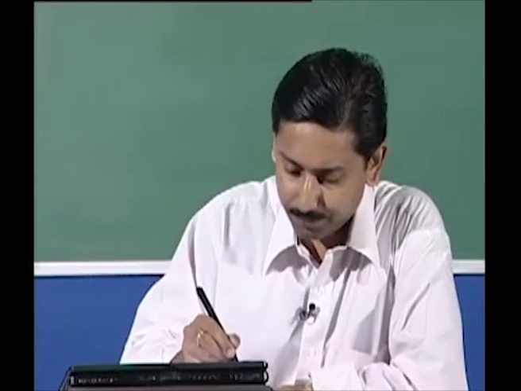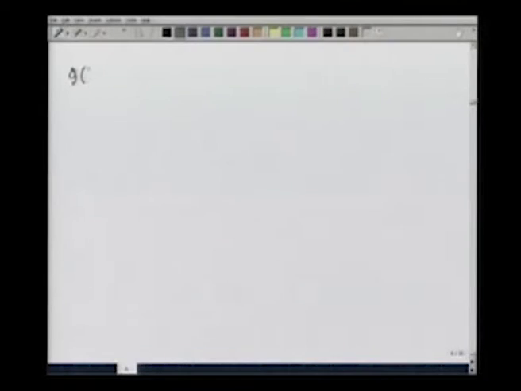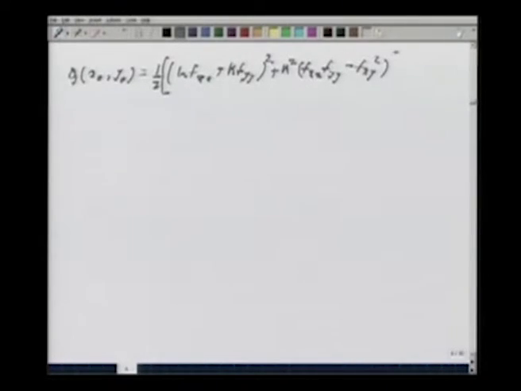So I consider q at x naught y naught, this is half h fxx plus k fxy square plus k square into fxx fyy minus fxy square. Okay.